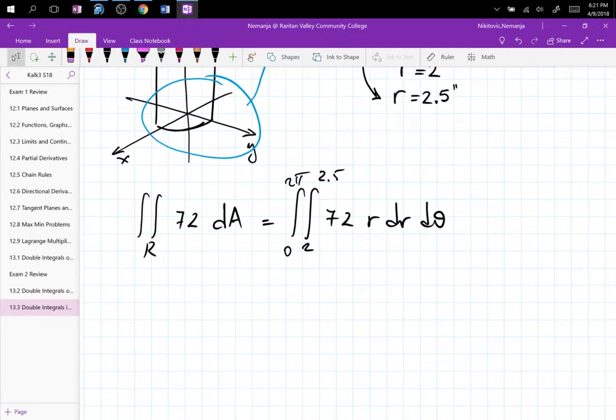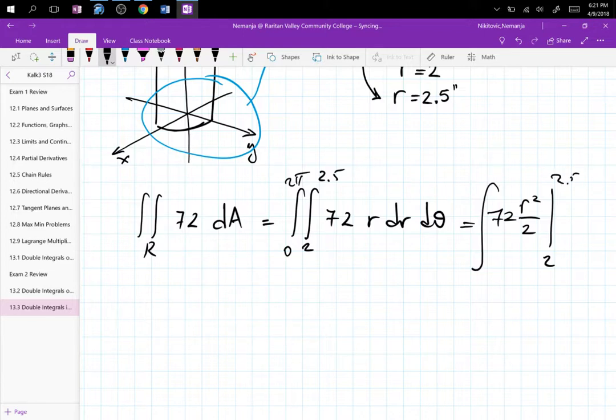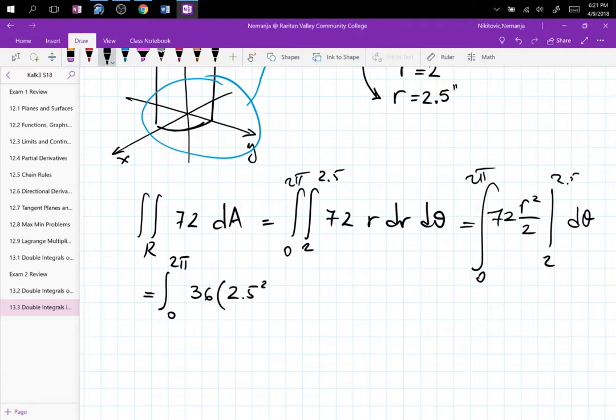Solving this, come on, you just look at it and you know, right? 72 r squared over 2, computed from 2 to 2.5, and I still have the integral 0 to 2 pi in front, and I still have d theta at the end. So integral 0 to 2 pi, that's a 36, and then 2.5 squared minus 2 squared, everything d theta.